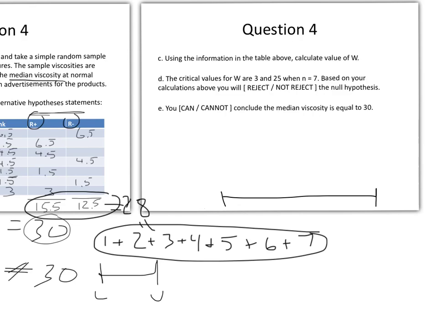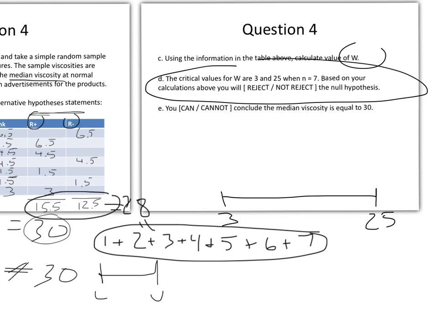I'm looking at this part of the question right now, part D. We've calculated the W values. Here we have the lower value of 3 and the upper value of 25 when n equals 7. Okay? And our values were in a narrower band, right, which is what I started to draw, 12.5 and 15.5 at the high end of what we had.